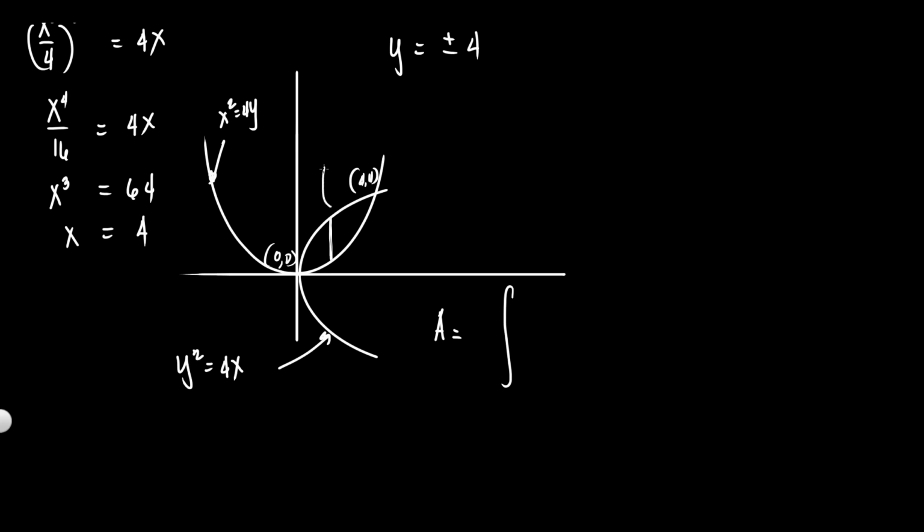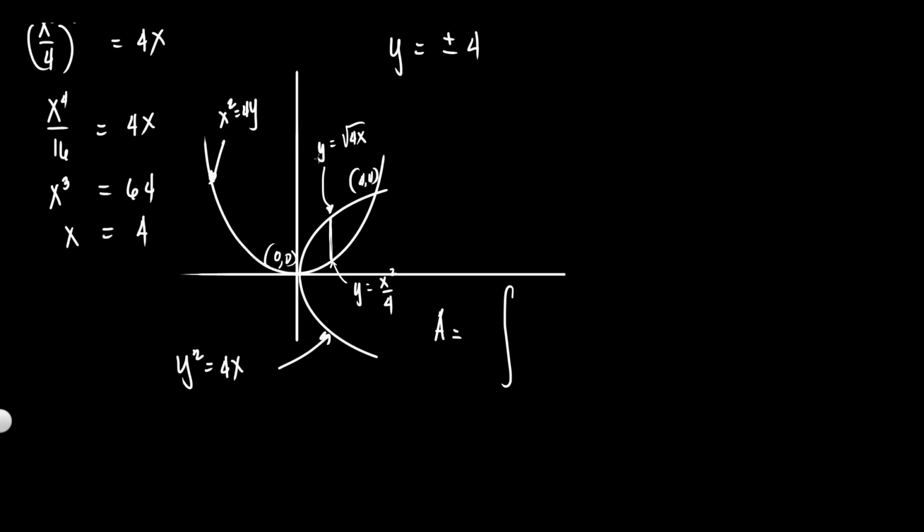Okay? So, y upper is this one, no? The y squared equals 4x, or y is equal to square root of 4x. So, y lower is x squared equals 4y, or y is equal to x squared over 4.